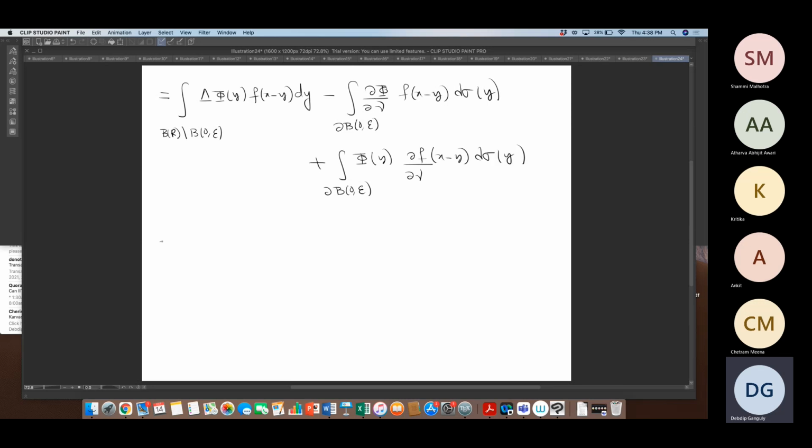Sorry, that is equal to a minus b plus c. So this is a, this is b, this is c.